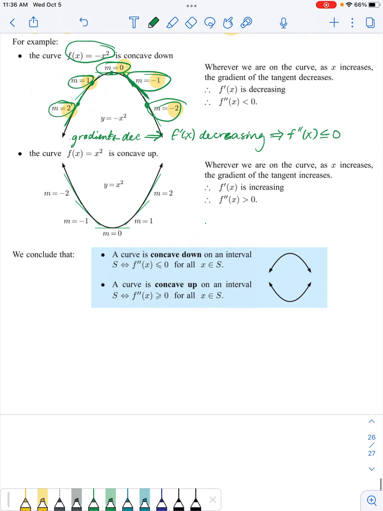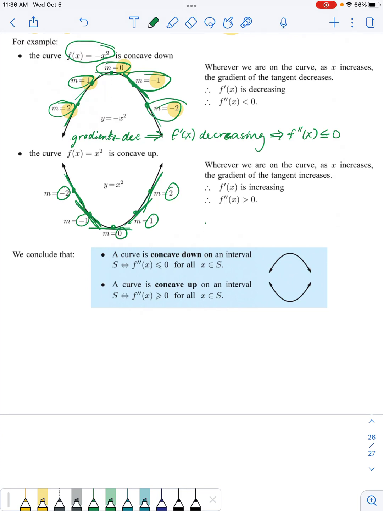Here is a concave up curve, and we can see the slope at this point is negative. It's pretty steep and it's decreasing, so negative 2. Here it gets a little flatter, but it's still decreasing, so negative 1. Here we have a slope of 0 and a slope of 1 and a slope of 2. So we are going from negative 2 to negative 1 to 0 to 1 to 2.